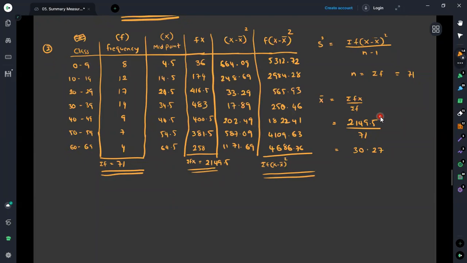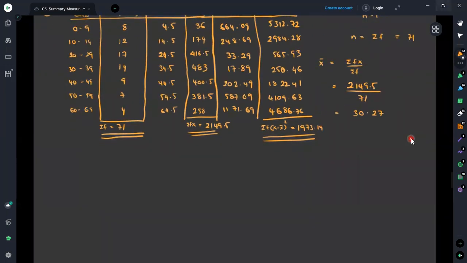Here we are having the values for f times (x minus x bar) squared. Then we need to get their summations there. So we can get the summation as 19,732.19. Now we can apply or substitute it in the equation.